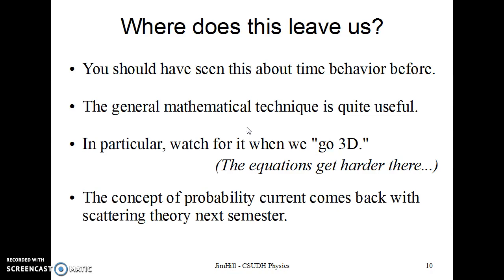The concept of probability current will come back on its own in the way we do the course next semester, we call it Physics 462, when we talk about scattering theory, which is a standard thing to talk about somewhere in the upper division undergraduate quantum mechanics class. So you will need this concept and need to go through it more deeply and understand it better at some point. And for us, that's next semester, so we'll cover it again then.